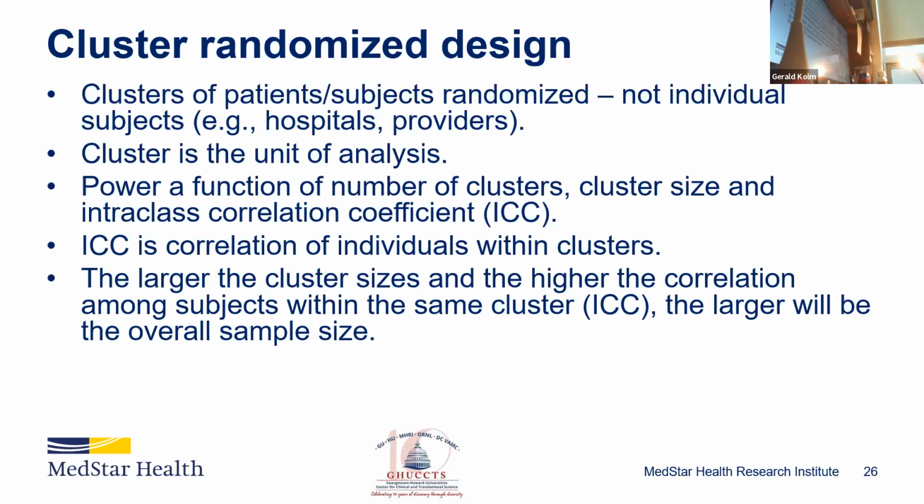So you can see that there's several things to play with here in terms of determining your sample size, the number of clusters, and the cluster size primarily. If it can be shown that the interclass correlation is small, really small, near zero, then you can ignore that.